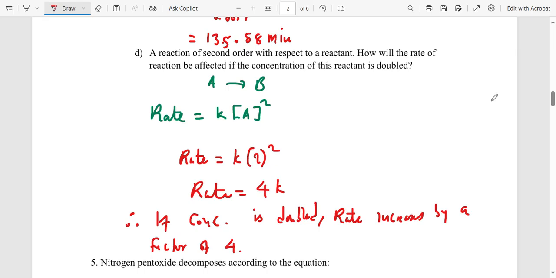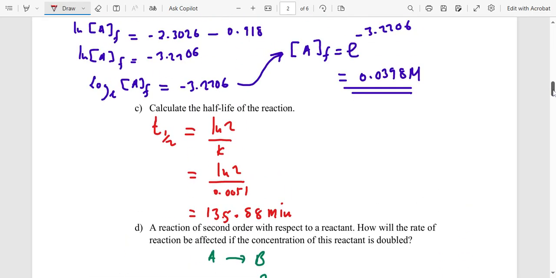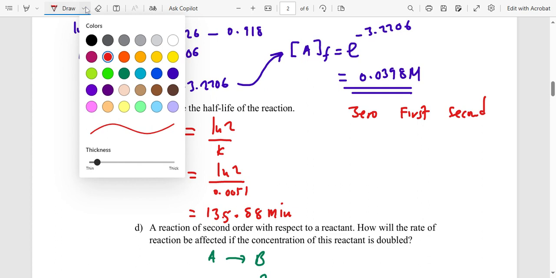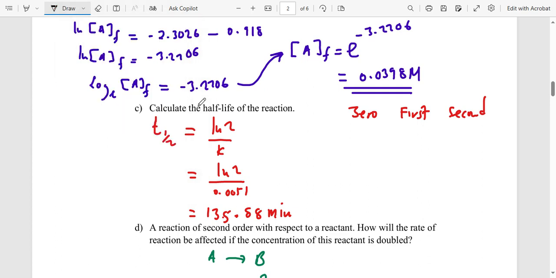Okay, question C. So it's just an equation that you have to know, for the half life of each reaction. You need to know the formula for the half life for a zero order, for a first order, and also a second order. So the first thing that you need to know is the integrated rate law for each one of these.